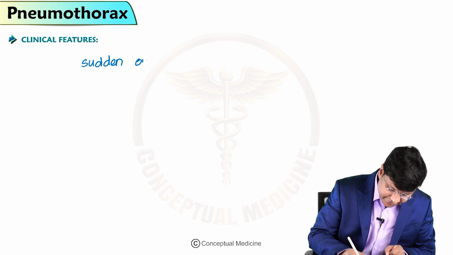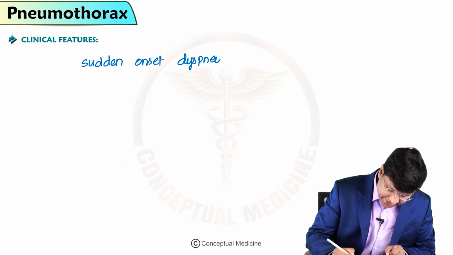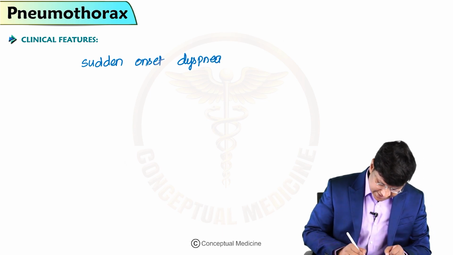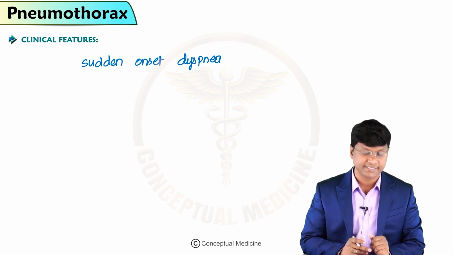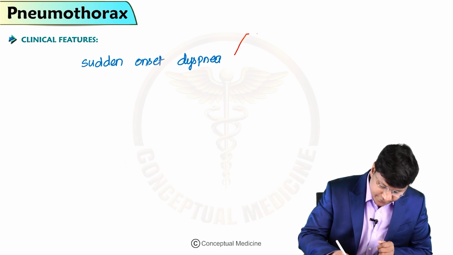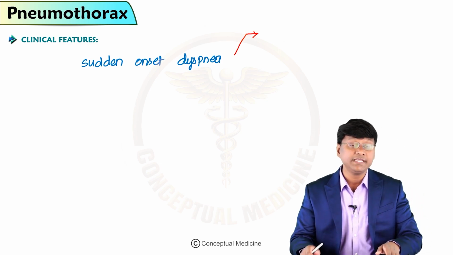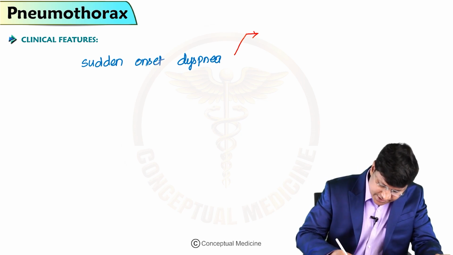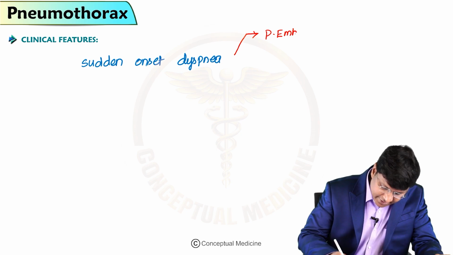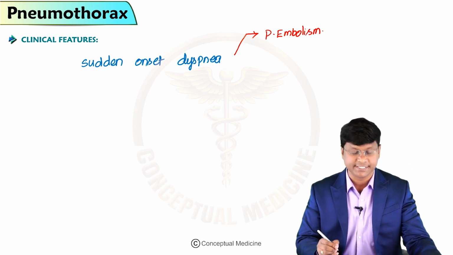There are multiple etiologies which cause sudden onset dyspnea. Let me give you the differential diagnosis. In the pulmonary pathologies, you will come across this in patients with pulmonary embolism, and particularly massive pulmonary embolism, the individual can have sudden onset dyspnea.